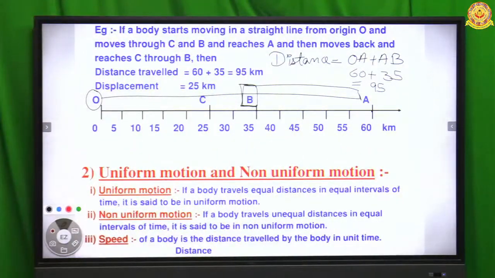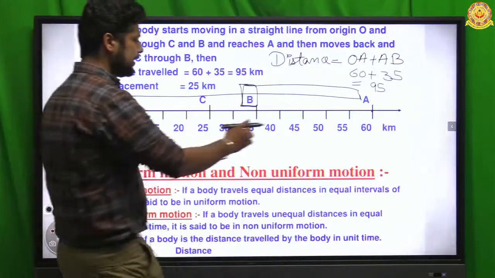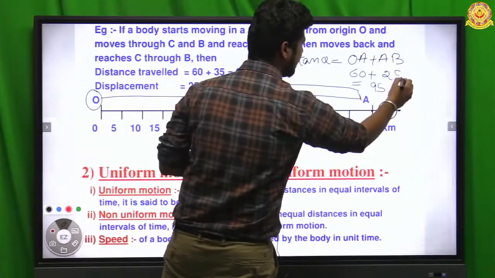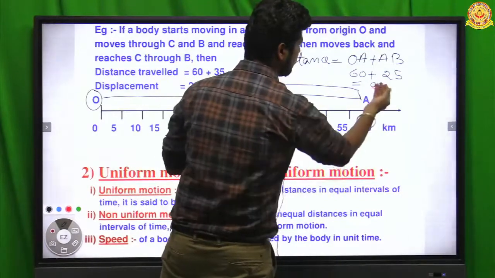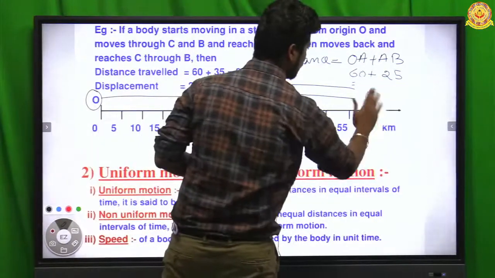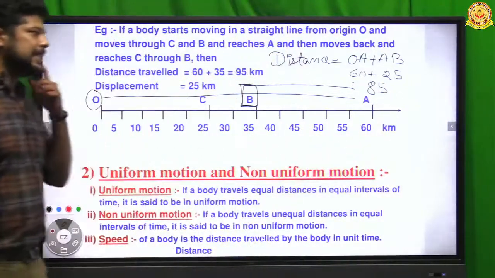Sorry, to B it is 35, 25, 85. So total distance is 85.